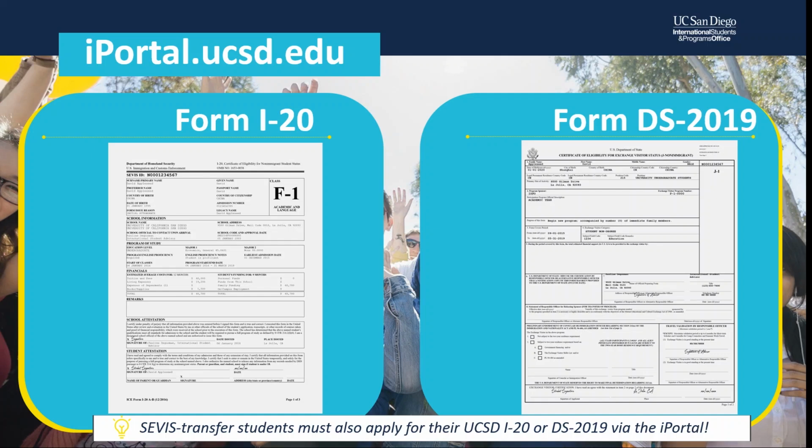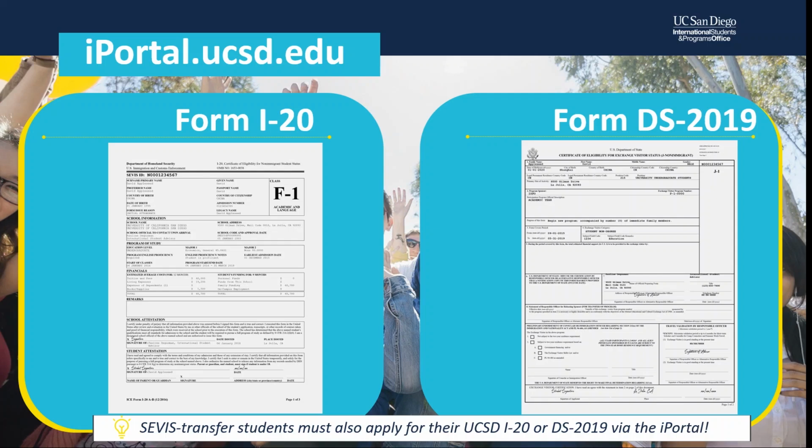Either document needs to be requested via ISPO's iPortal online document request system at iportal.ucsd.edu. If you are unsure about what visa type is applicable to you, don't worry. The iPortal will make an accurate determination based on the answers you provide in your application.